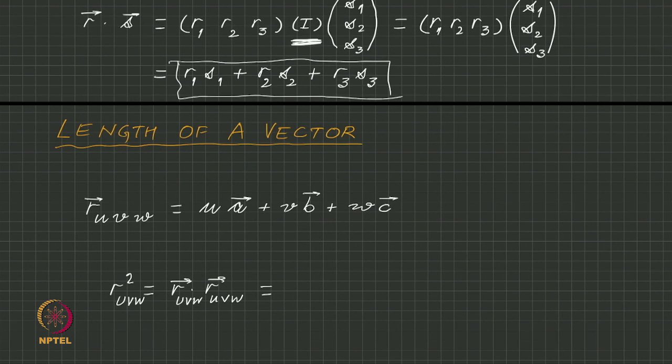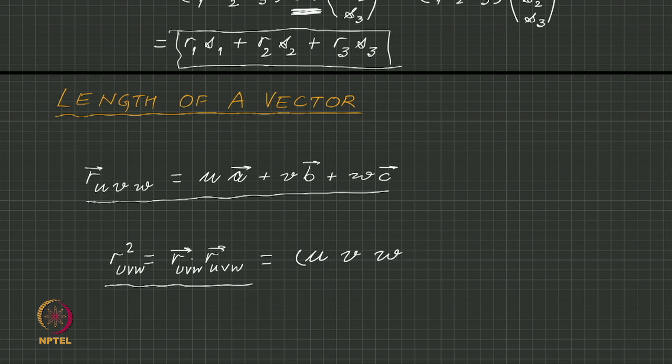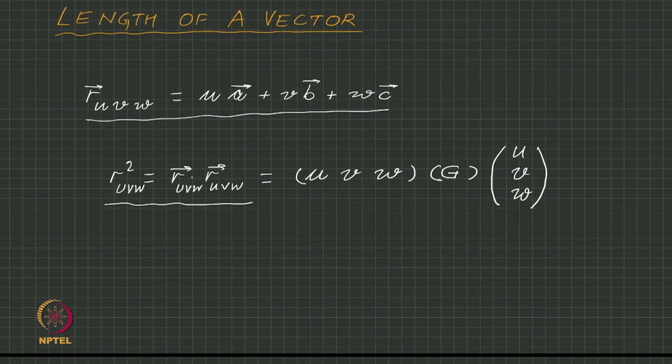Other things just follow. So, if you want to find length of a vector in a crystal coordinate system, you have the vector like this, the length will again be the dot product of the vector with itself will give you the square of the length. Only thing now you have to write the components with G matrix coming in between. So, that will become your R square.